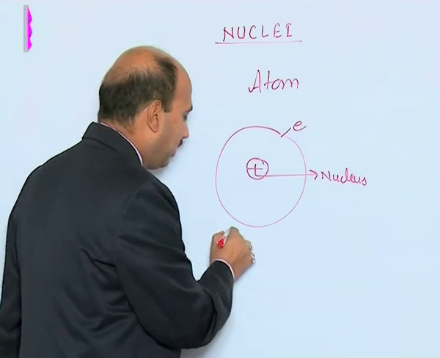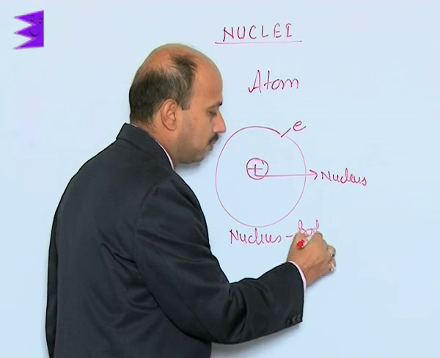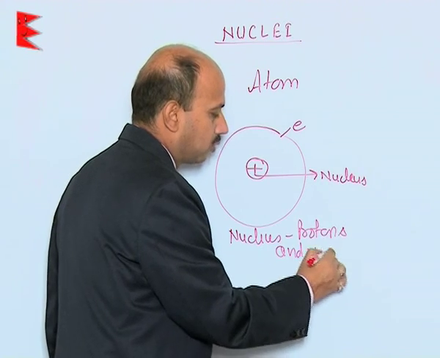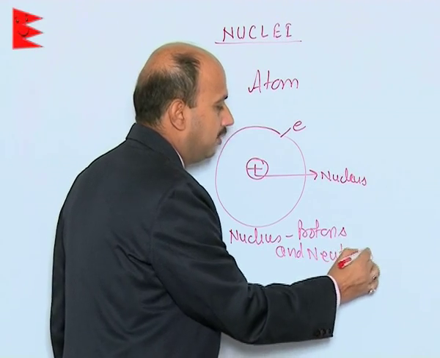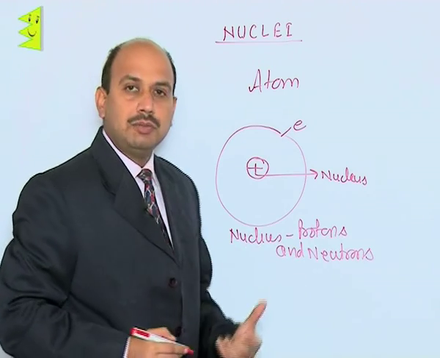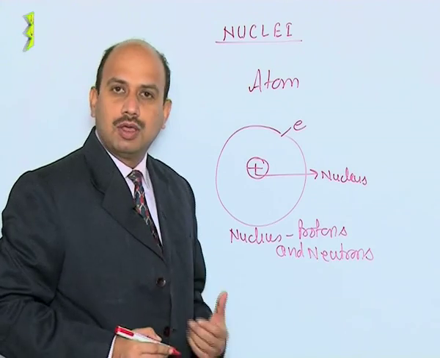Now, the nucleus basically consists of protons and neutrons. Inside the nucleus, these two particles are found, which contribute to the mass of the nucleus. One is the protons and the other is the neutrons.